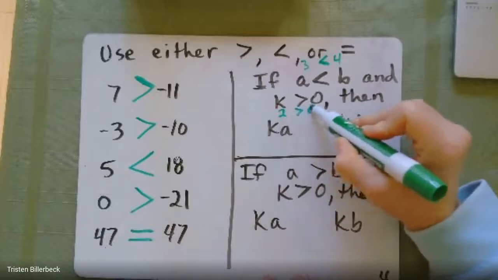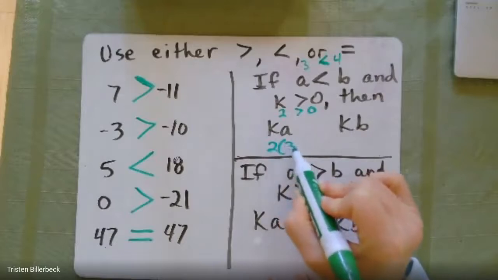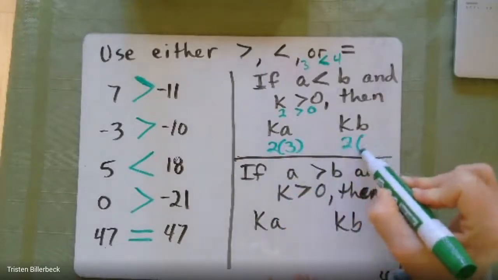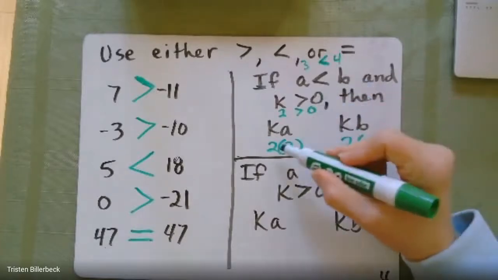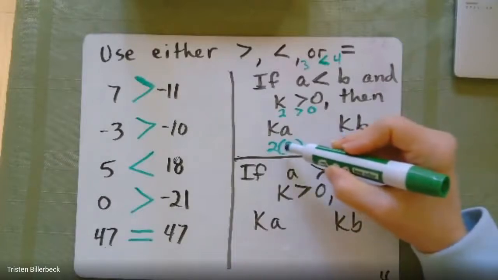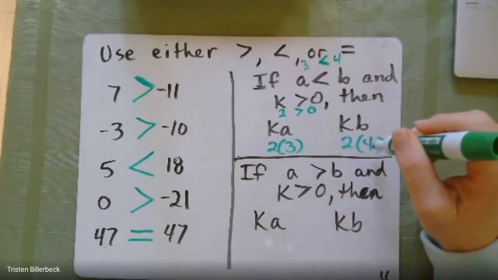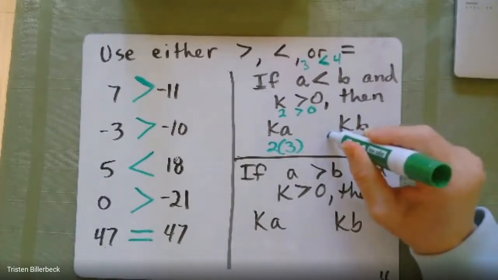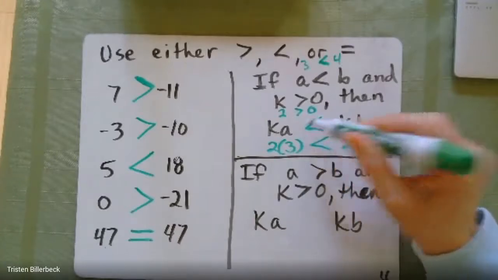That's the same thing as saying 2 times 3 and 2 times 4. That puts these weird variables into a little bit of perspective, right? We know that 2 times 3 is 6 and 2 times 4 is 8. So is 6 less than or greater than 8? It's definitely less than. So we're going to make this rule less than.